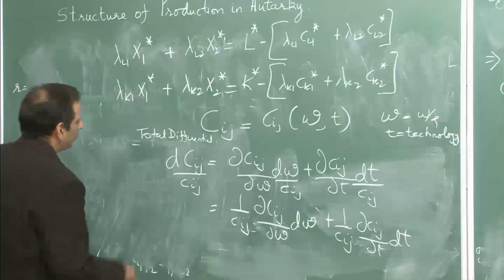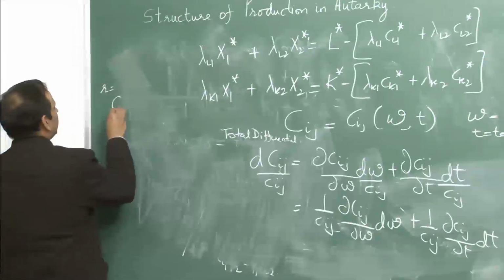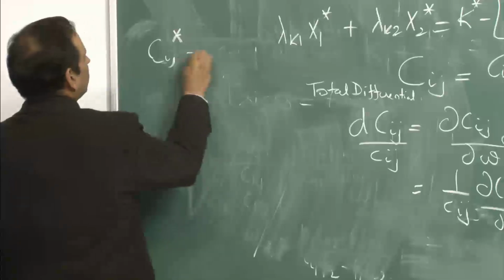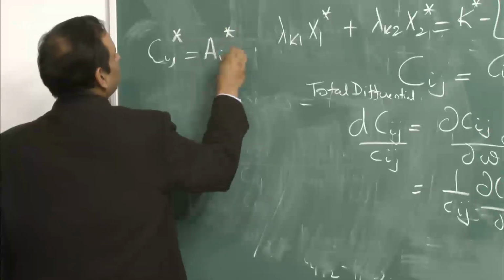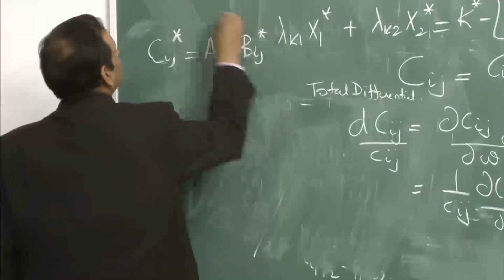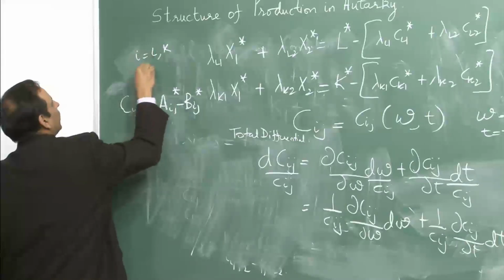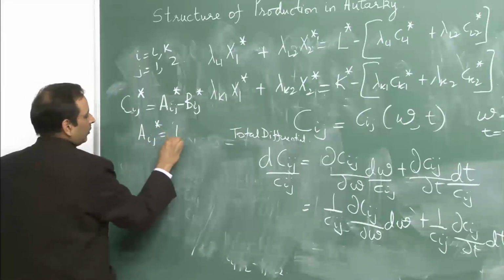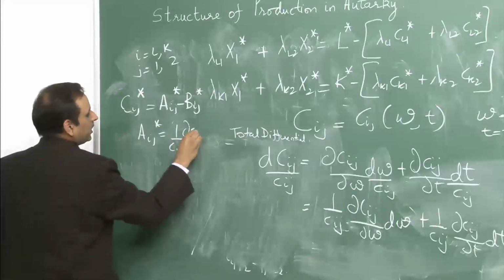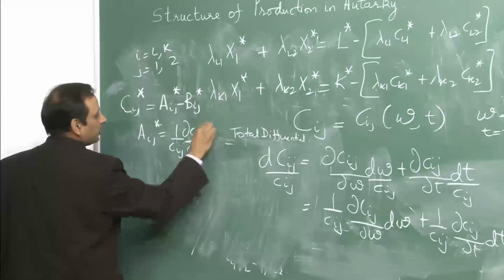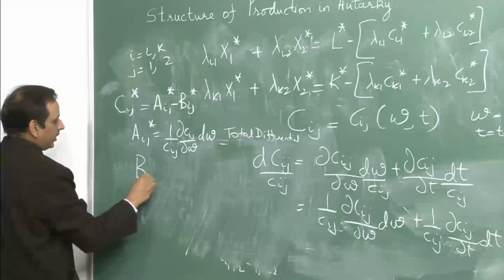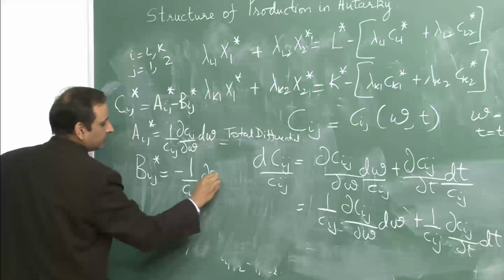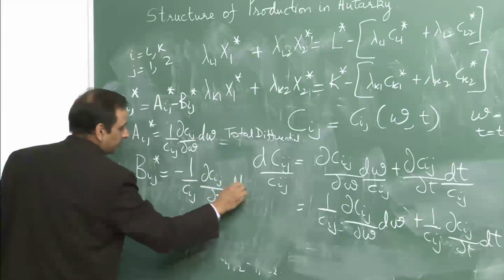Now, finally, what comes out is that Cij star, the proportionate change, is equal to Aij star minus Bij star, where i is L, K, j is 1 and 2, Aij star is 1 by Cij del Cij by del omega d omega, and Bij star is minus 1 by Cij del Cij by del T dT.